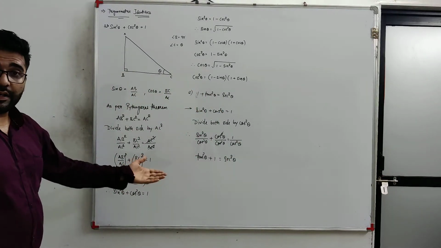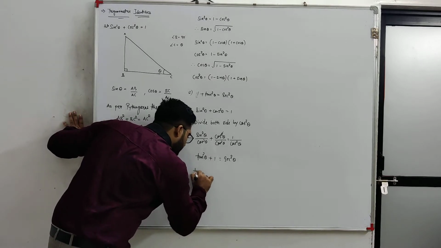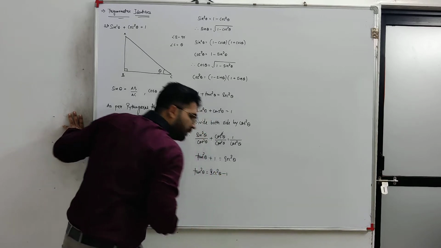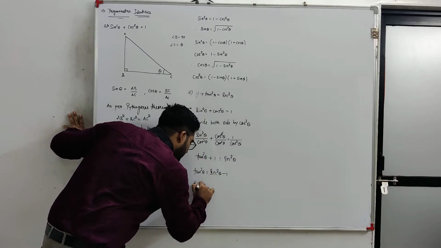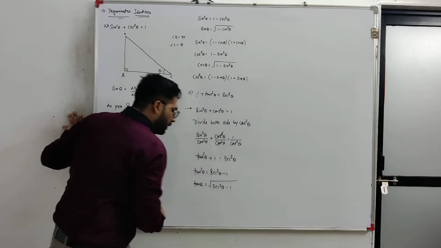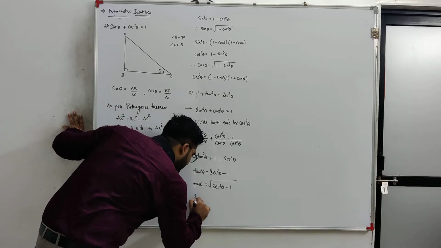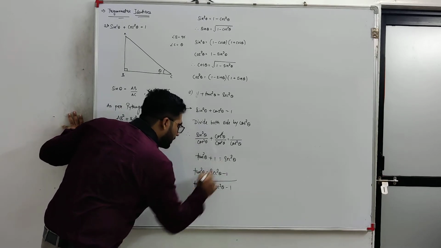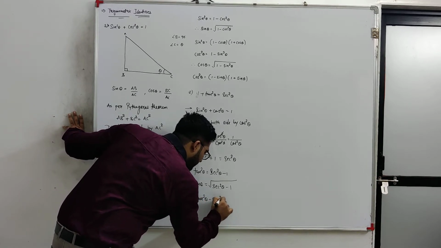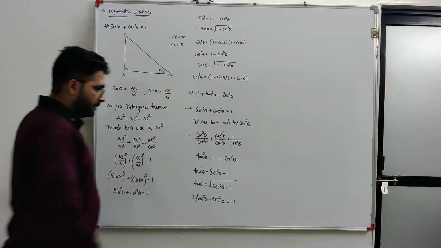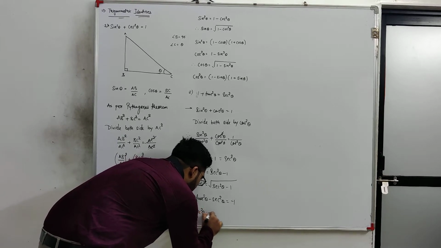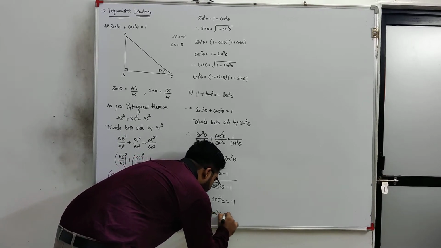Now I can modify this identity. Tan square theta is equal to sec square theta minus 1. So I can write tan theta is equal to under root of sec square theta minus 1. In the same way, I can rearrange it as tan square theta minus sec square theta is equal to minus 1, and the other way, sec square theta minus tan square theta is equal to 1.